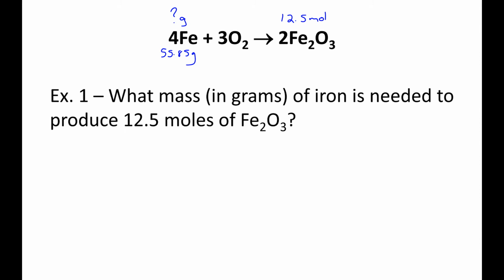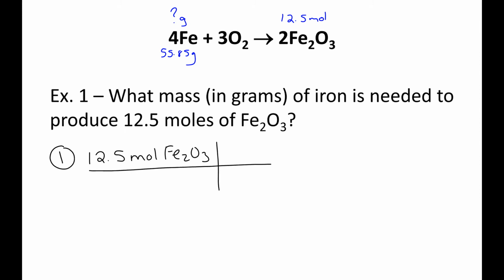Okay, so let's do the two-step process. The first step is we need to do the mole to mole. So we're going to start with 12.5 moles of Fe2O3, and on this next one, now remember, what you're given goes on bottom, what you need goes on top. We're given the Fe2O3, so we're going to put 2 moles of Fe2O3 here, and we're looking for the iron, so we're going to put 4 moles of Fe here.